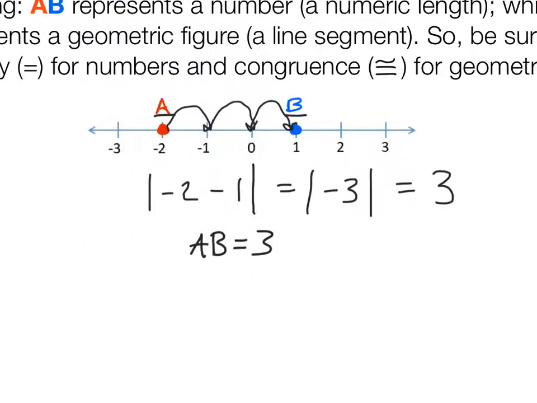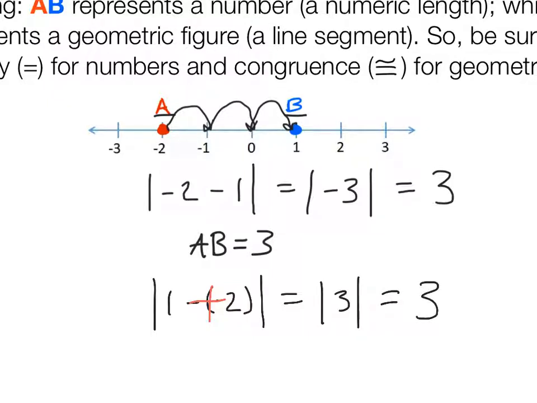We could also go the other way if we did the absolute value of 1 minus -2. We know how to add negative numbers, right? We make this a big plus sign. So this would be the absolute value of 3, which is equal to 3. And that would be the same as if we went this way. 1, 2, 3.